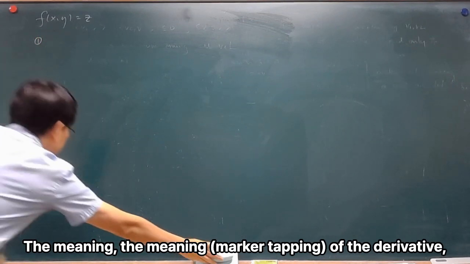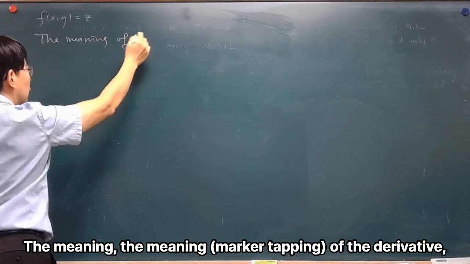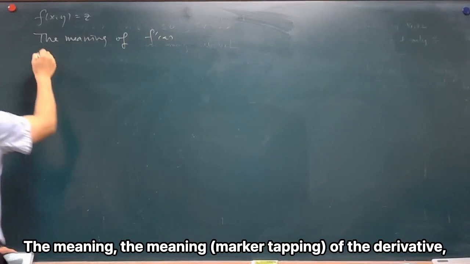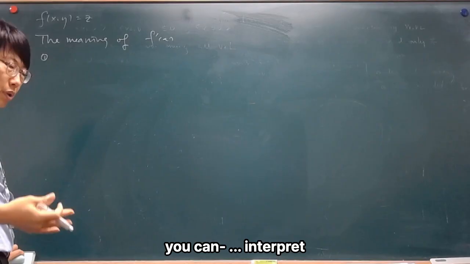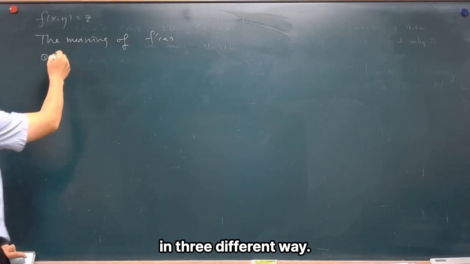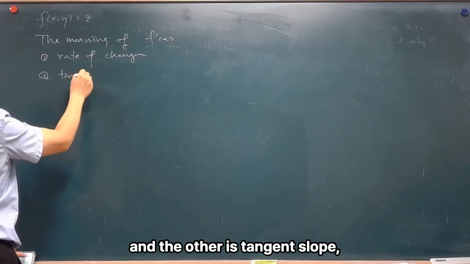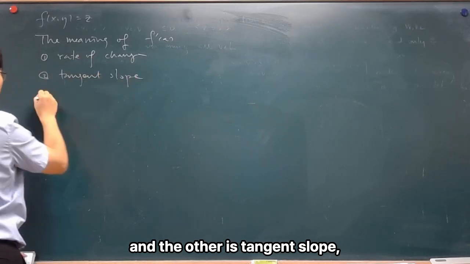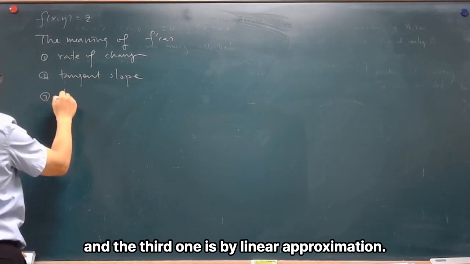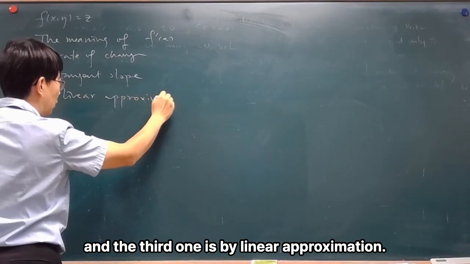The meaning of the derivative, you can interpret the meaning of the differential of a single variable function in three different ways. One is rate of change, and the other is tangent slope, and the third one is by linear approximation.